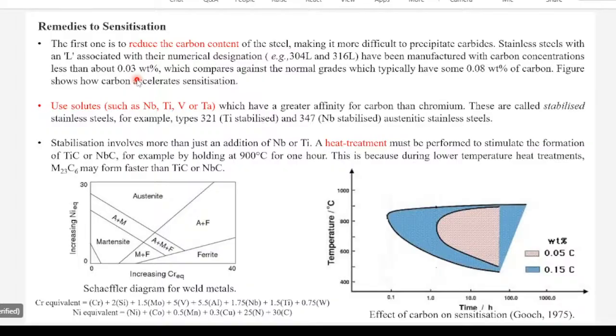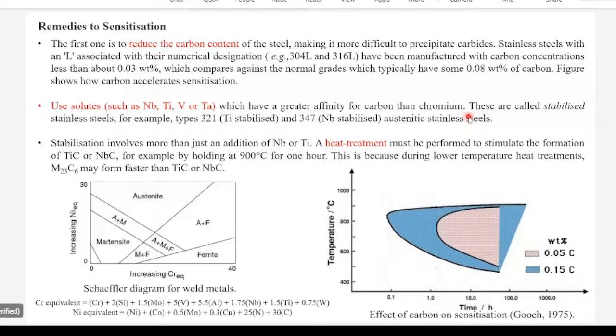Niobium, titanium, vanadium, and tantalum have a greater affinity towards carbon as compared to chromium. So niobium carbide will form a quicker bond as compared to chromium carbide. So this will replace chromium carbide, and we can avoid sensitization. So these things we can do.